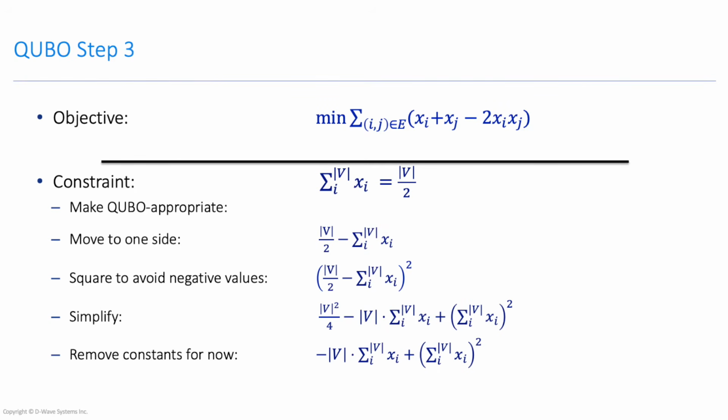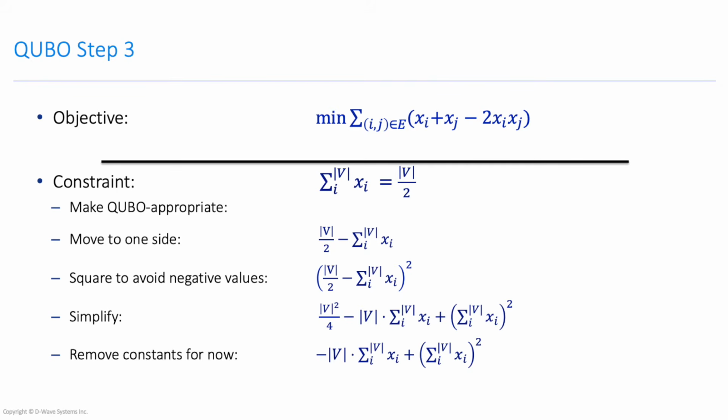Okay, so now in step 3, we have to make this mathematically workable. I wrote the objective at the top, and the constraint is that the sum over x sub i is V over 2. To make that QUBO appropriate, move it to one side, V over 2 minus the sum, and square to avoid negative values, just like we talked about earlier in the one hot problem.